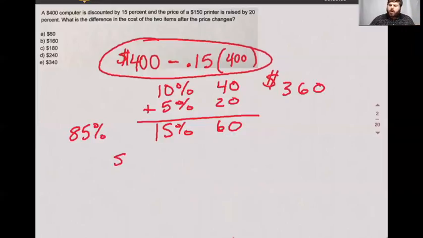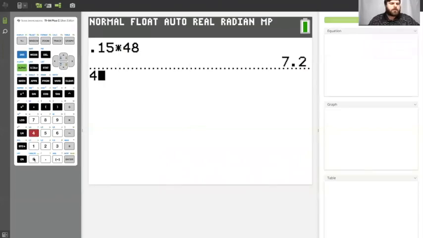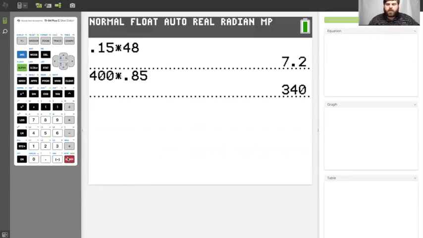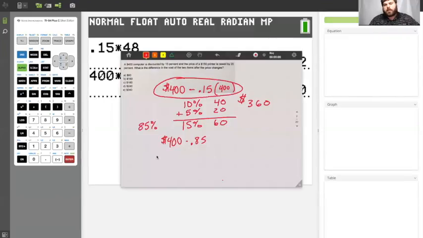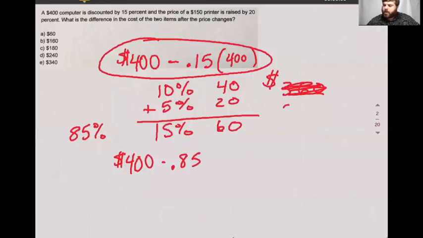So you could alternately do $400 times 0.85. It does all that subtraction for you. It gives you 340. Sorry, let me rewrite this here. This 360 should be 340.